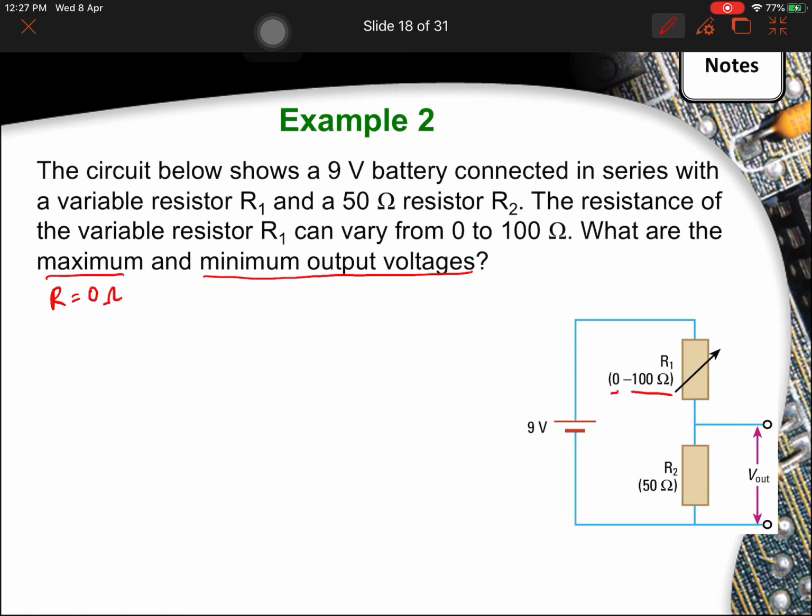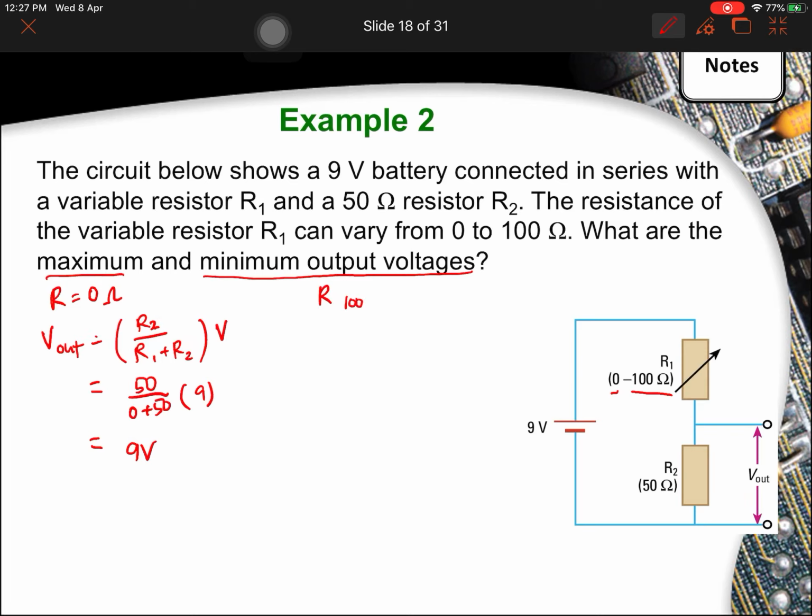When R1 equals 0 ohms, I use my formula V out equals R2 over R1 plus R2 times your total V. What's my R2? 50. R1 is 0, plus 50, times 9. So what you get? You get 9 volts.